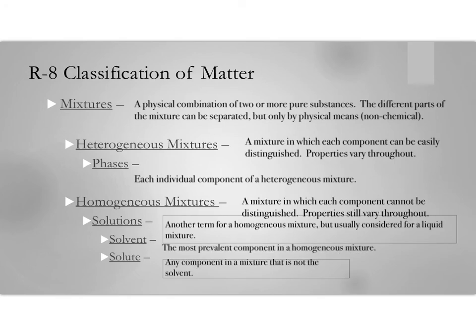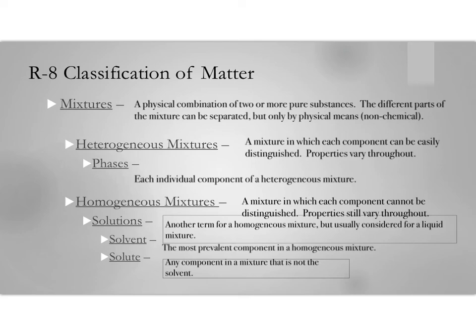Solutions are also homogeneous mixtures. A solution is just another term for a homogeneous mixture, but usually it's mostly considered if the mixture itself is entirely in the liquid state, like a solution of Kool-Aid. But steel is a homogeneous mixture that could technically be called a solution, but it's not commonly done.